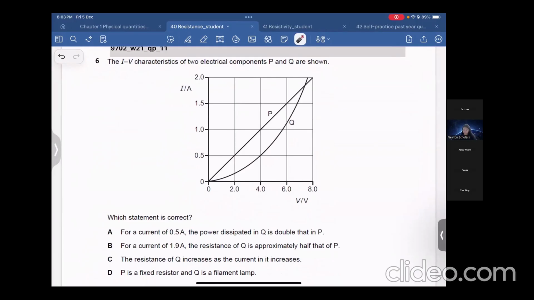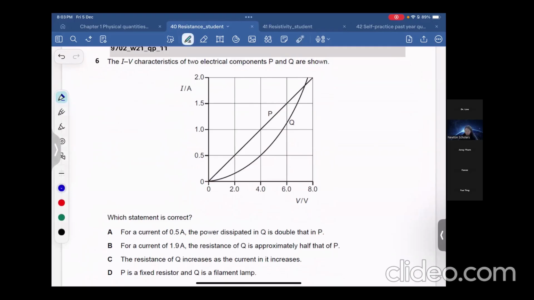Okay, dear, number 6. Can you try? IV characteristic for 2 components P and Q. Which statement is correct? When current is 0.5, power dissipated in Q is double. Can you try?